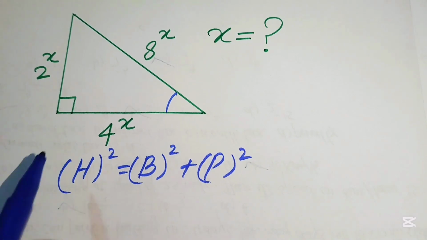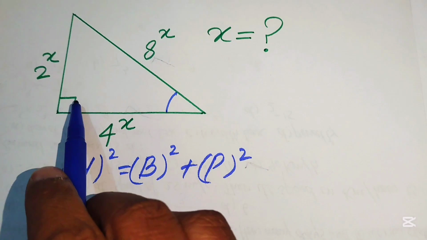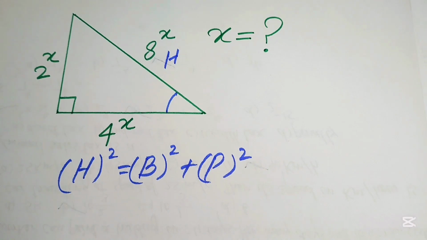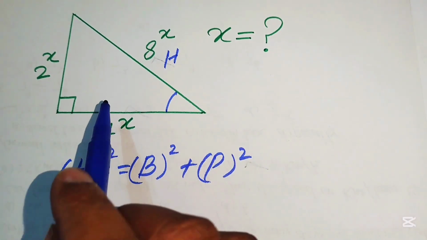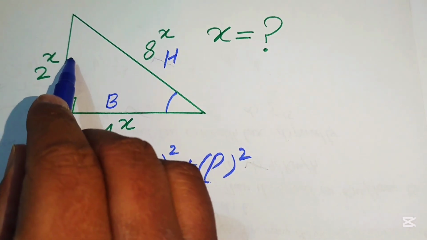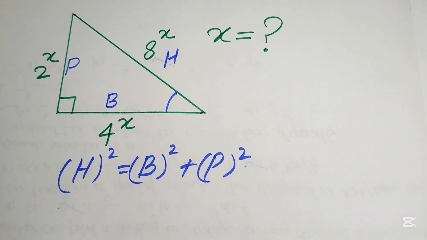In the diagram, the side opposite to the right angle is called the hypotenuse, the side joining these two angles is called the base, and this side is called the perpendicular or altitude of this right triangle.